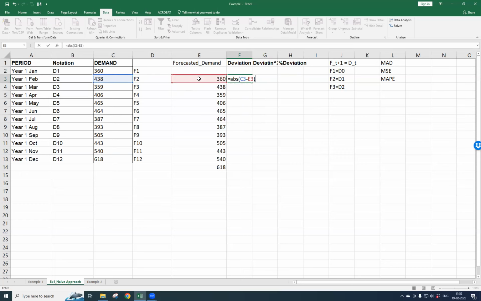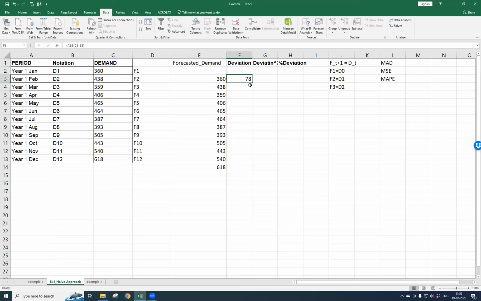Why we are taking the absolute value is something that we have discussed in the class as well. If we don't take the absolute value when we are averaging out the deviation, it might so happen that the positive and the negative errors might cancel out, which we do not want, and hence we take the absolute value. This is also like taking only the magnitude but no sign corresponding to the error or deviation.